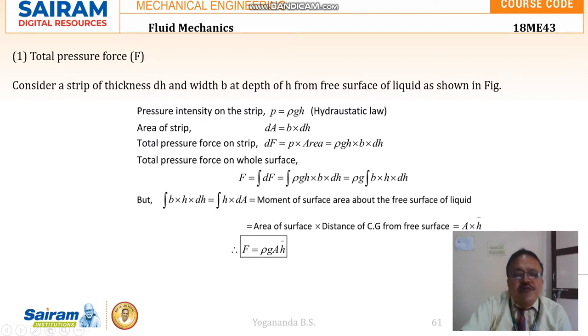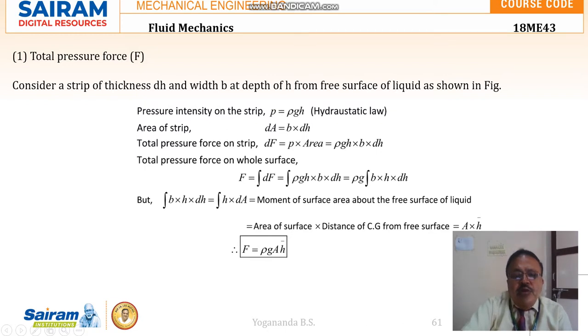The total pressure force on the strip, dF, is equal to pressure multiplied by area. Pressure is rho G H multiplied by the area of the strip, B dH. The total pressure force on the whole body, F, is obtained by integrating the expression dF.